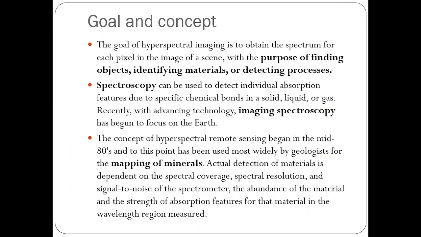So the goal of hyperspectral remote sensing is to obtain the spectrum for each pixel in the image of the scene, with the purpose of finding objects, identifying materials, or detecting the processes going on, as we have already talked about for geology. Spectroscopy, I have already talked about.